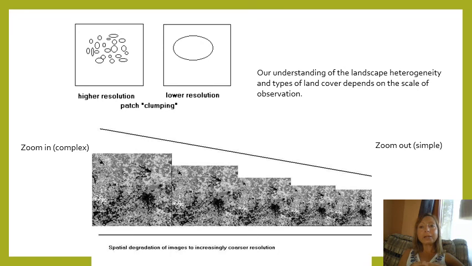So our understanding of the landscape heterogeneity and types of land cover very much depends on the scale of observation and the grain of the element which is relevant at that particular scale.